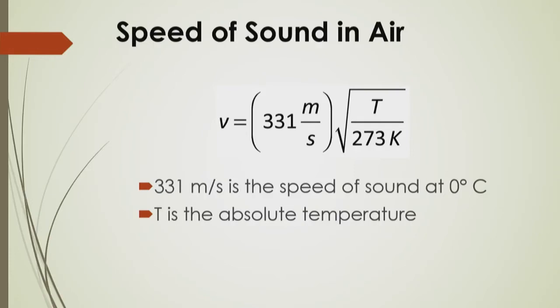You do have to use the 273 K in order for it to work. The speed of sound is impacted by temperature, and it's going to go up. If I'm at room temperature, we're at 343. At 0 degrees, we're at 331.